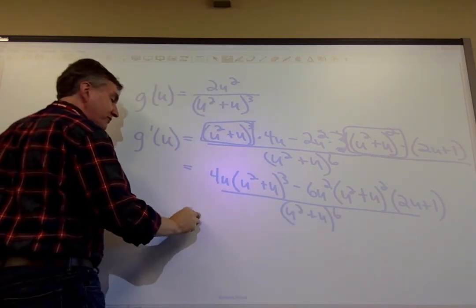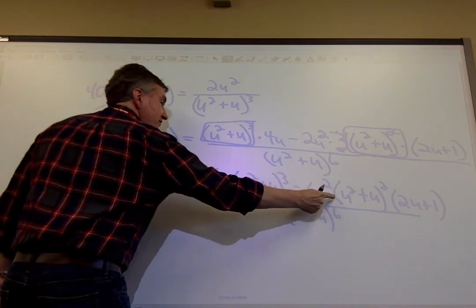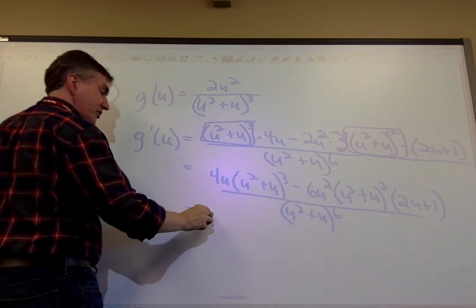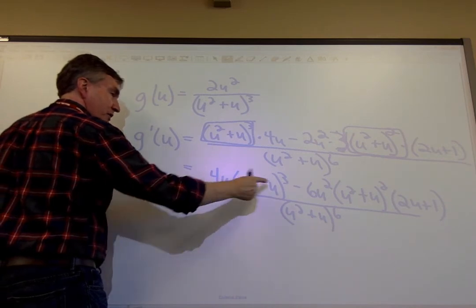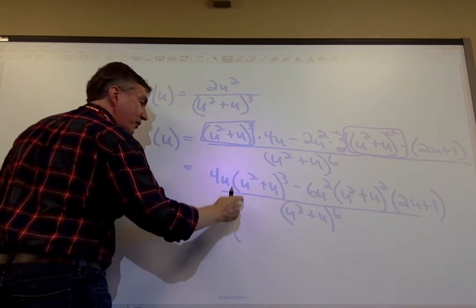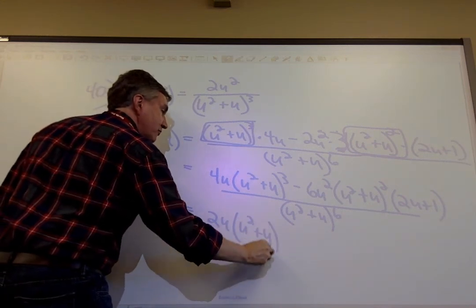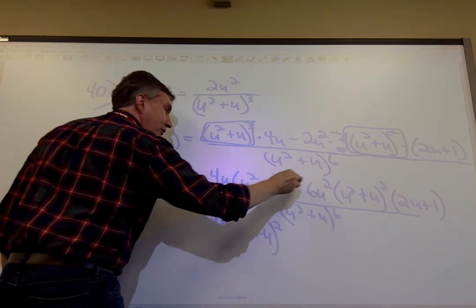Now, I bet you all see what the GCF is between these two terms. They share a 2 and a u outside, and what else? A u squared plus u to the second power, right?